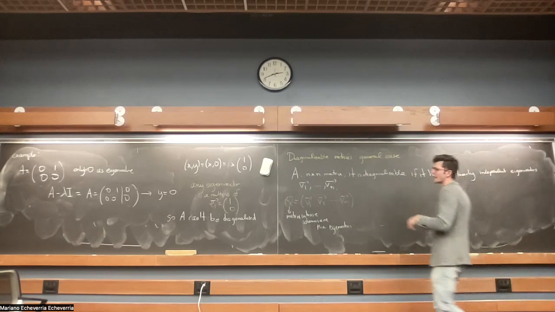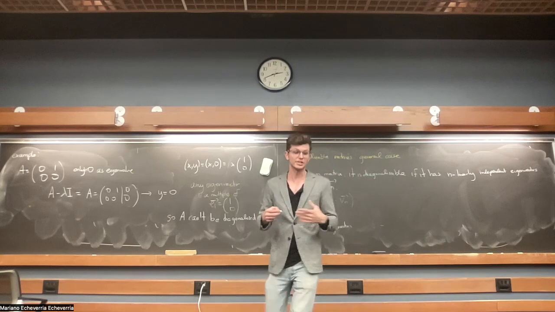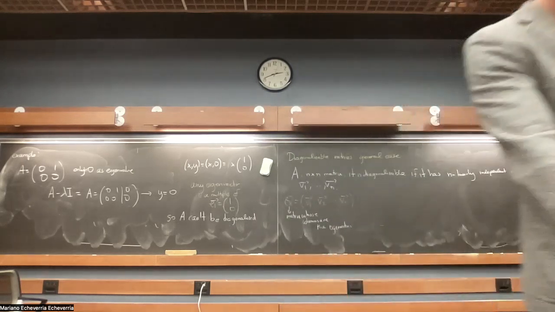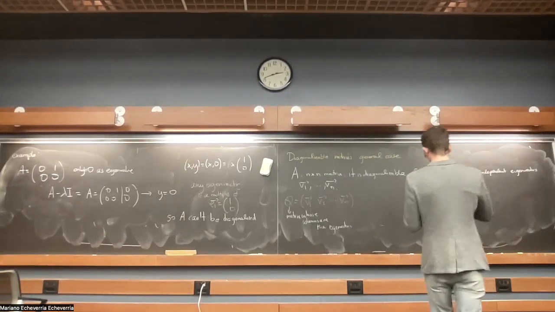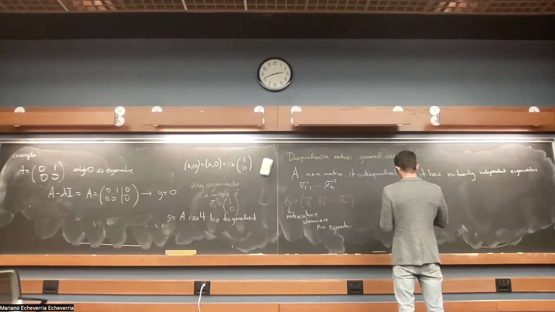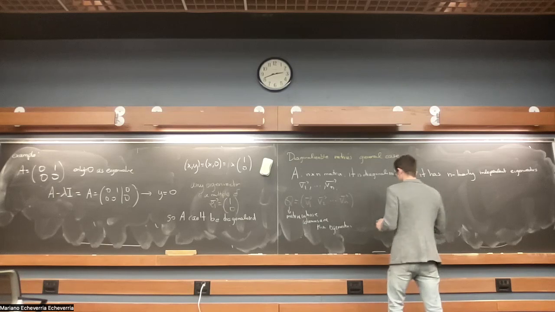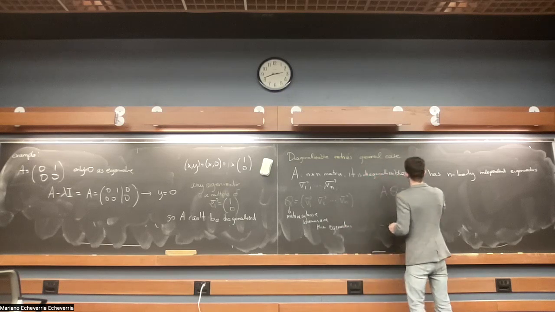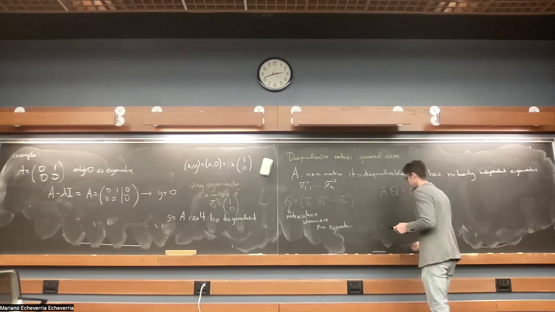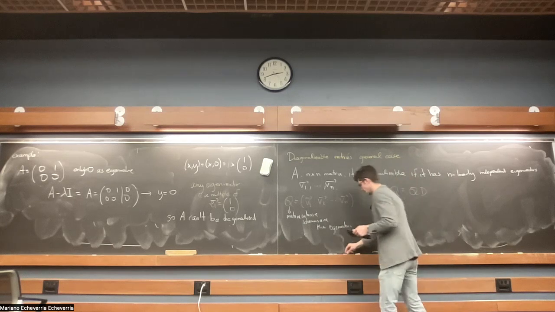And then what you can check, nothing of what I said changes at all. You have the same basic equations. Let me write them again. You get that A times Q equals Q times D, where D is the matrix of eigenvalues.